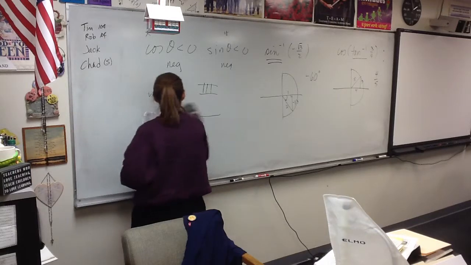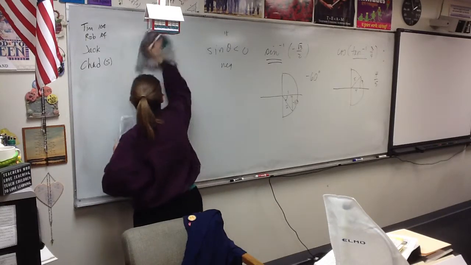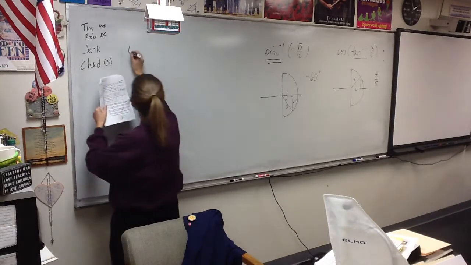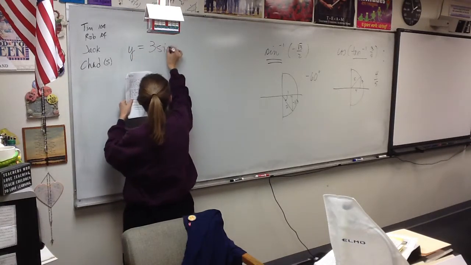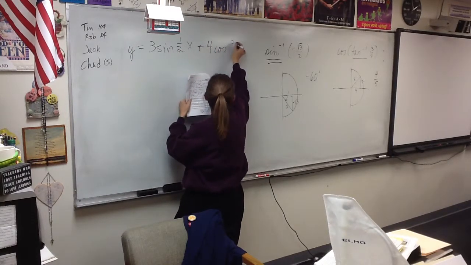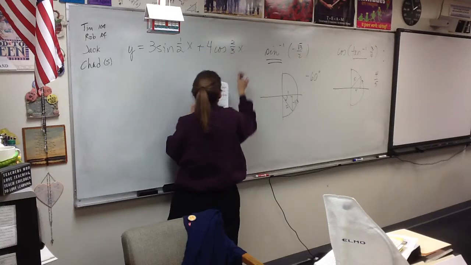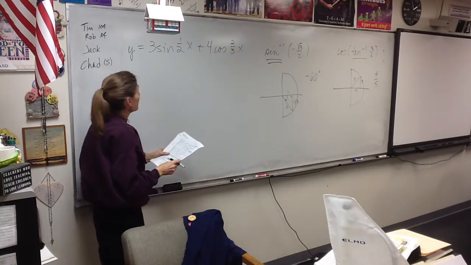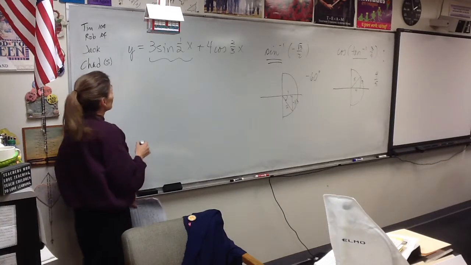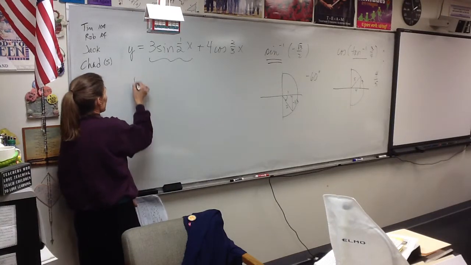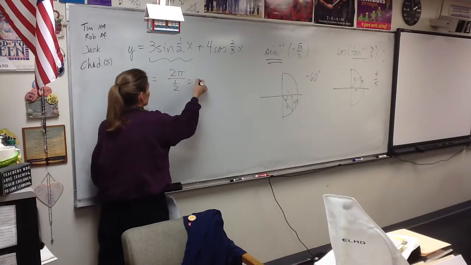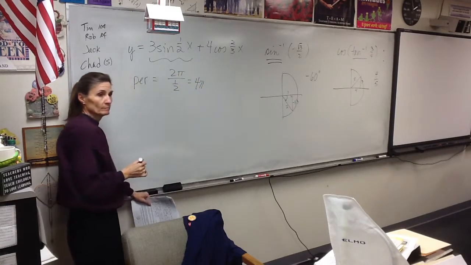Next, what is the period of this big, long equation? Well, what's the period of the first piece? The period of that would be 2 pi divided by 1/2, which is 4 pi.